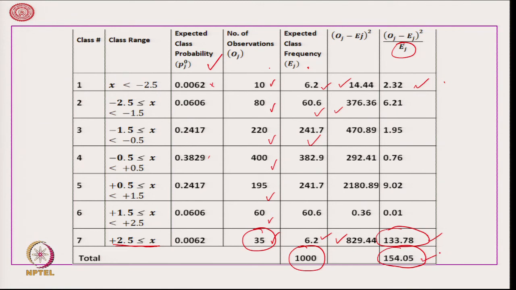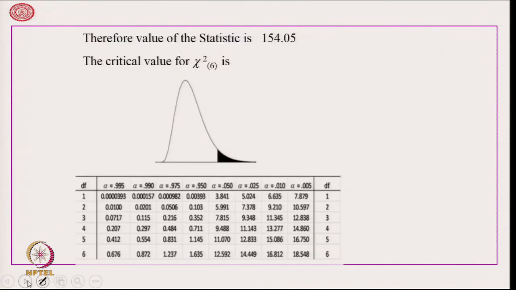But still it can be from normal 0 1. So, let us check with the chi-square value. So, again we look at the chi-square table. This is going to be chi-square with 6 degrees of freedom, because there are 7 classes, and therefore, k is equal to 7, and therefore, k minus 1 is equal to 6 is the degrees of freedom.